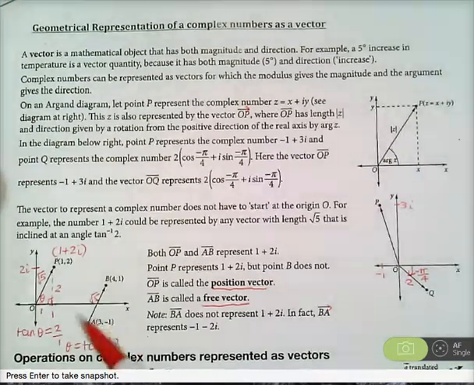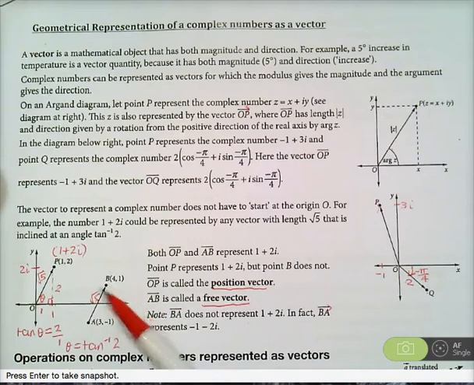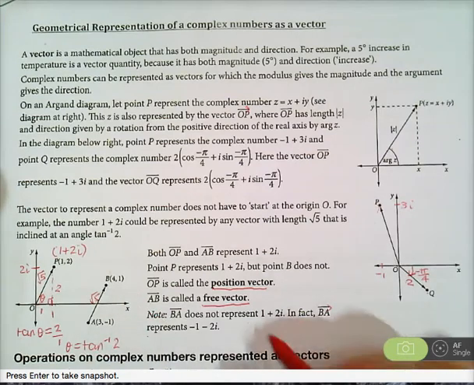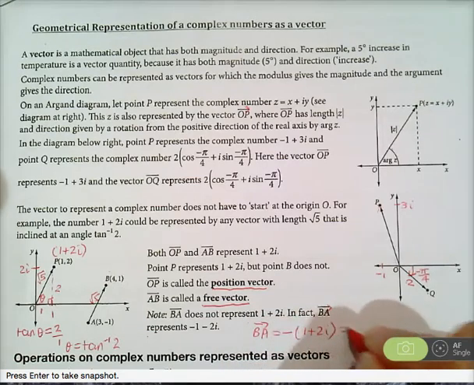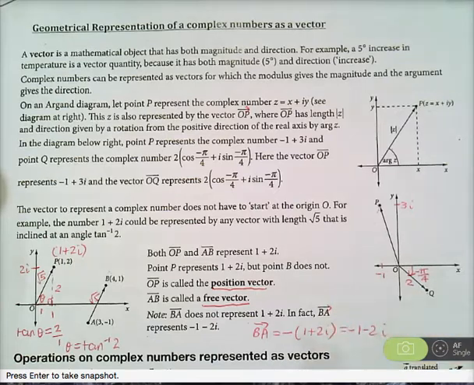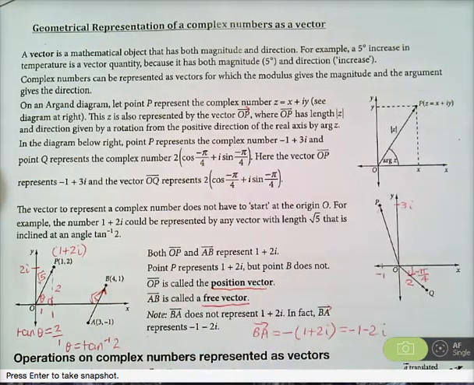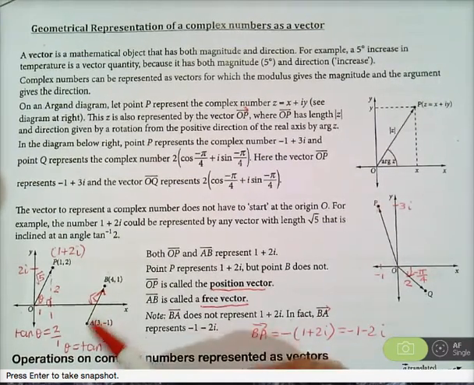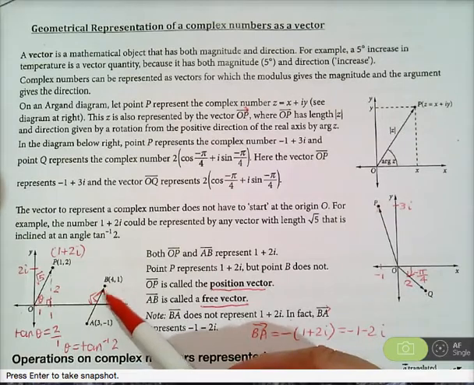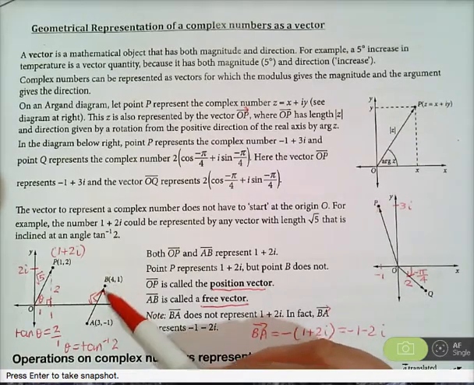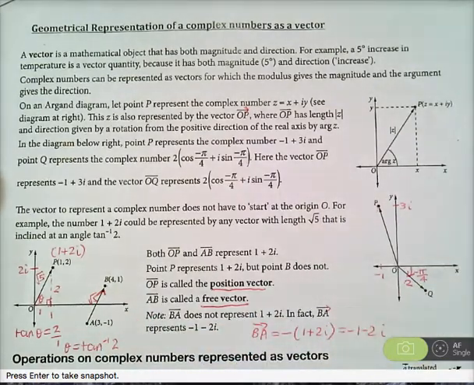So if AB represents 1 plus 2i, then BA represents the negative of 1 plus 2i, which is -1 minus 2i. So it's really important to note the direction in which you're drawing the vector and which way the arrow is going, because they mean different things. This way is 1 plus 2i, but that point is not 1 plus 2i. Going backwards is -1 minus 2i.